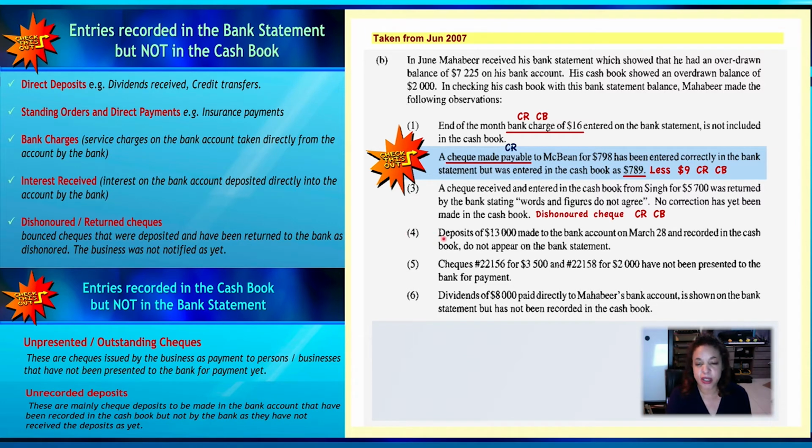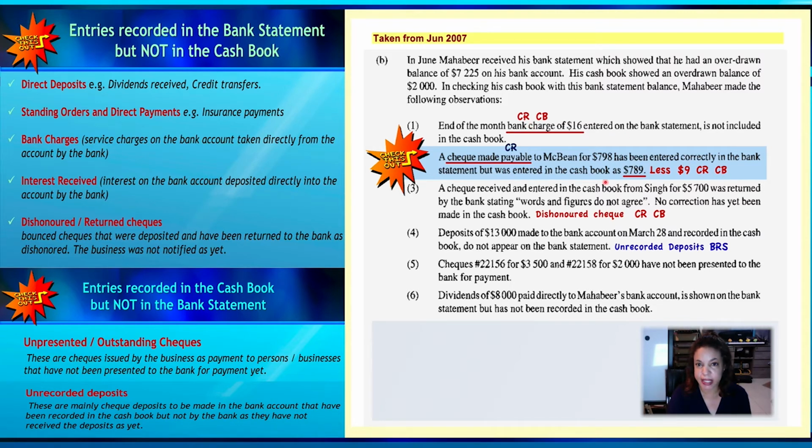Number 4, deposits $13,000 made in the bank account, but not in the bank statement. That is one of your 2 items that now has to go into your bank reconciliation statement, and that item is unrecorded deposits. So you see I have in red the ones that are going to be going into the cash book.